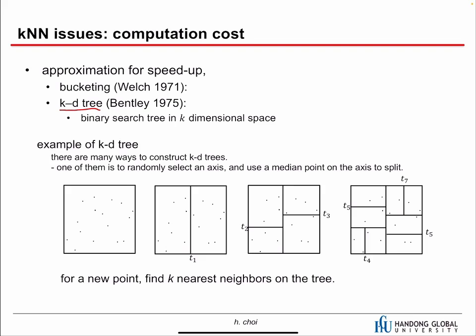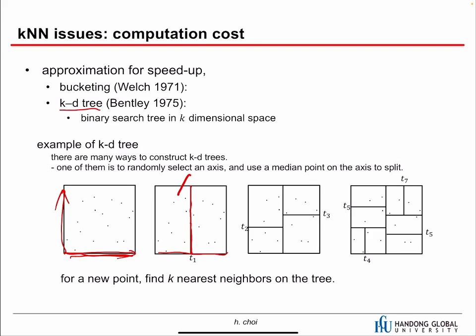Then, randomly, we have two axes here, this one and this one, and we randomly choose this one. And on this axis, which one is the median point? So we find the median point. Let's say we have a point here. Based on this median point, we draw one line. So we have actually constructed a tree here.